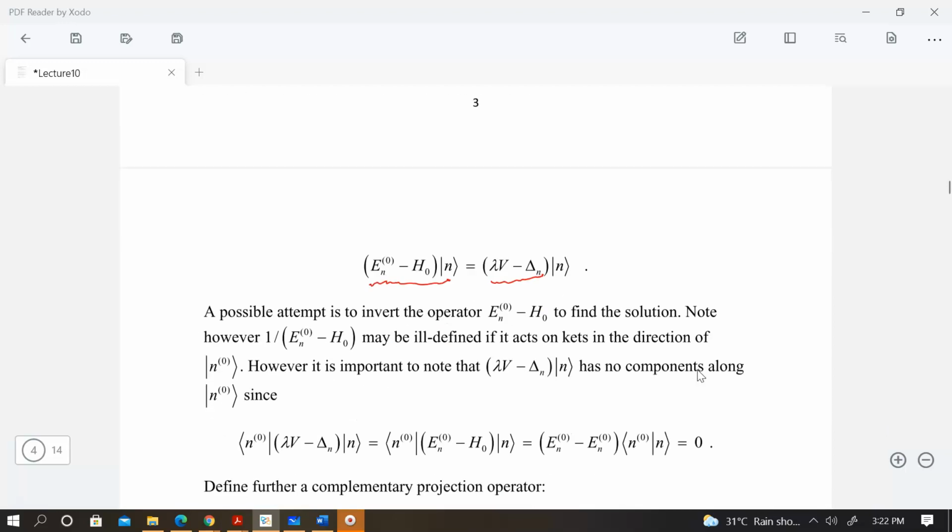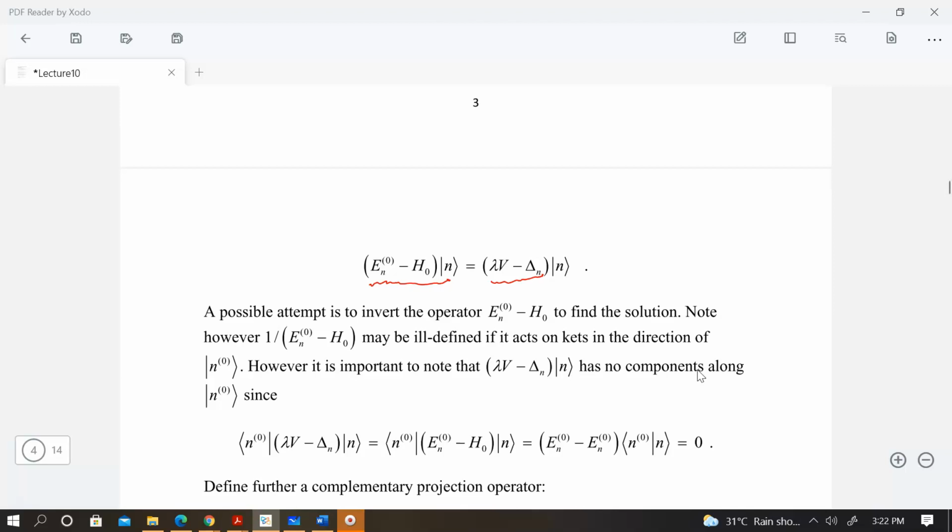Now if we look at this, on this side, the one with the bracket is something you already know, because this will be the unperturbed Hamiltonian, and this will be the unperturbed eigenvalue.